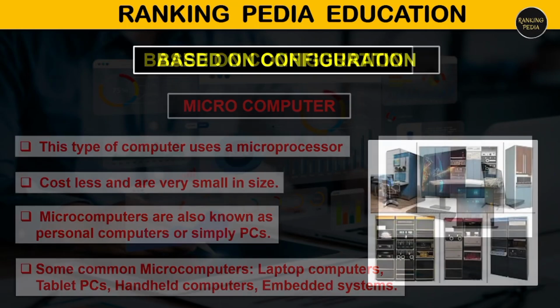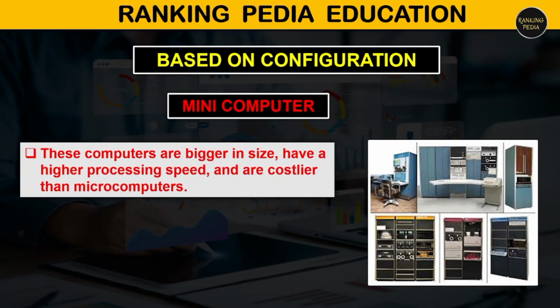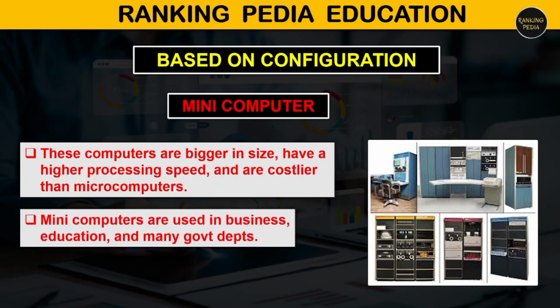Now the next one is the minicomputer. What does a minicomputer do? These computers are bigger in size and have a higher processing speed than microcomputers, and they are also costlier than microcomputers.